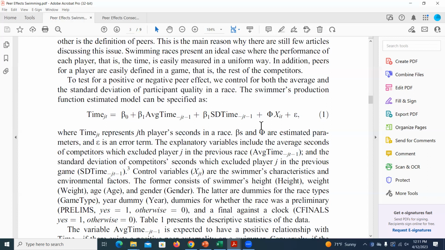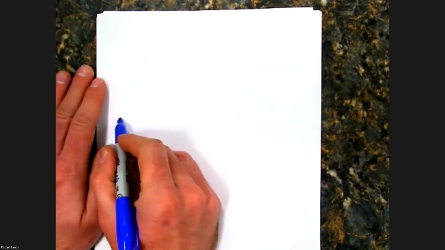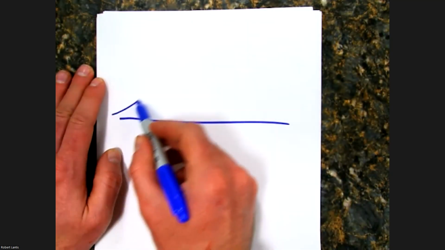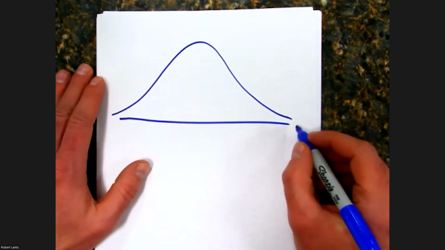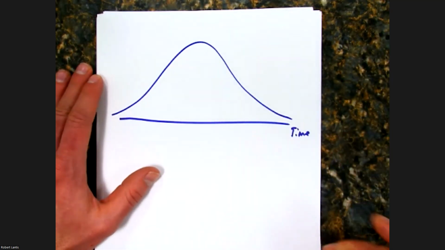They also do something that's a little bit interesting here, which is, means matter, right? I'll try to get at this idea by going back to some stats stuff you probably want to forget. Let's say I've got a distribution of performance, and we'll do the time for the swim meet.